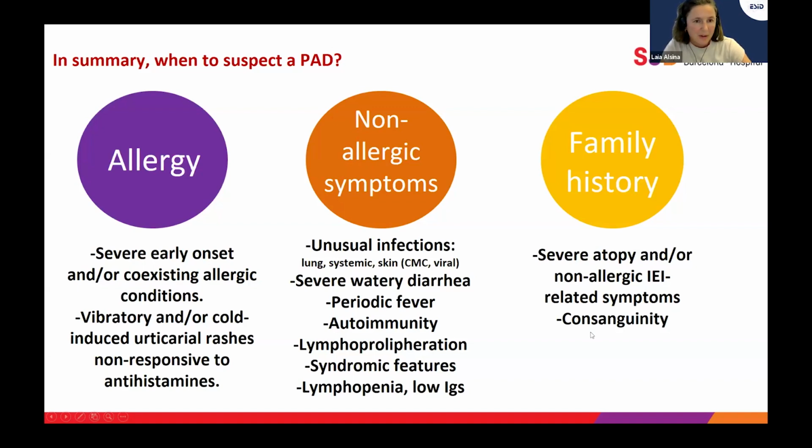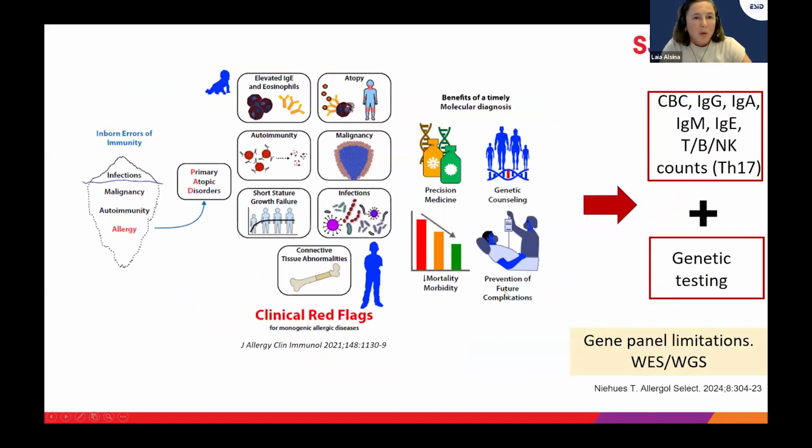So in these patients, we can recommend initially an evaluation of CBC to evaluate for lymphopenia and/or neutropenia or thrombocytopenia, immunoglobulin levels, and TRECs and KRECs as a very basic step, and maybe if possible T-cell subsets and vaccine responses, but we will have to move to genetic testing.